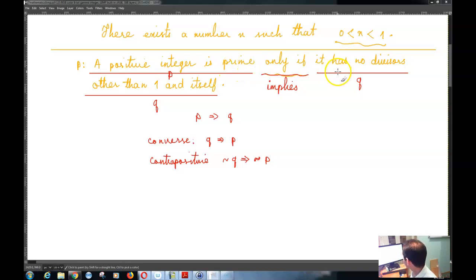And the contrapositive is if a positive integer has divisors other than one and itself, then it's not prime. And you just need to follow these two and put it in the context dictated by the statement.